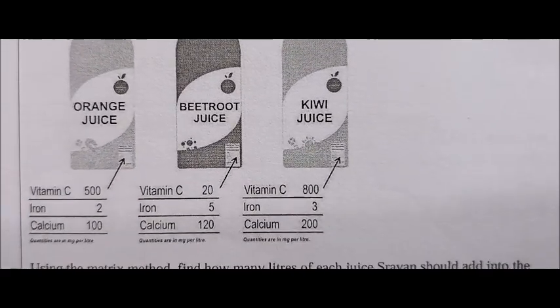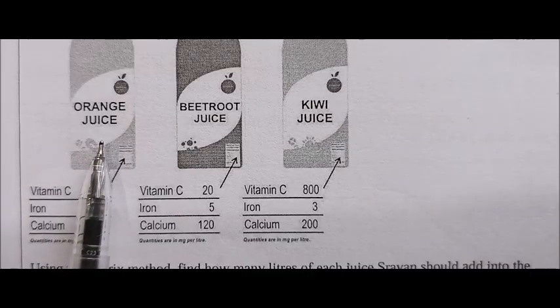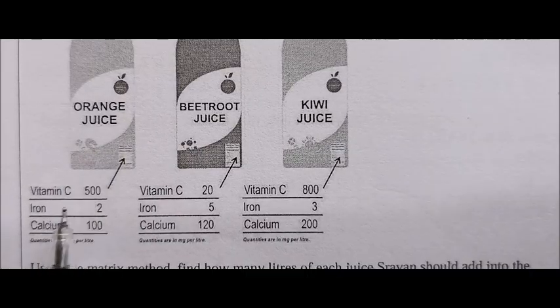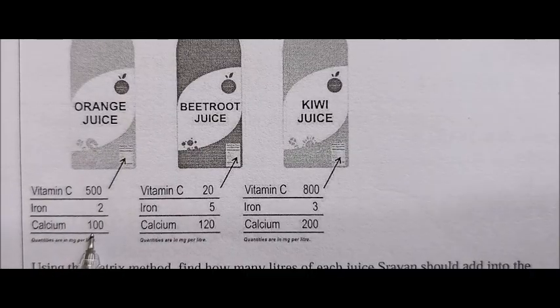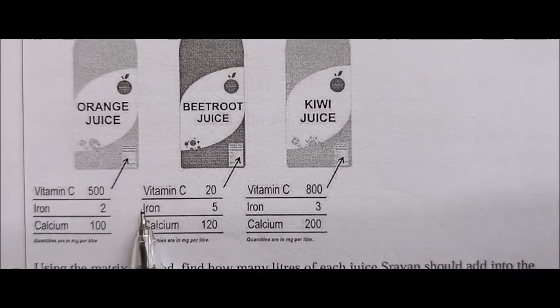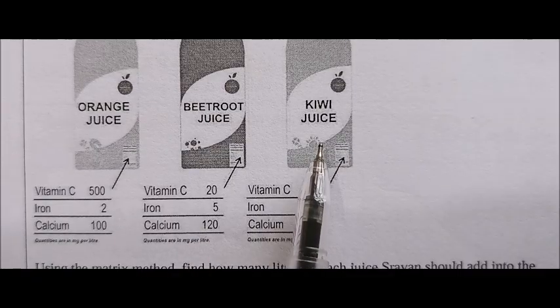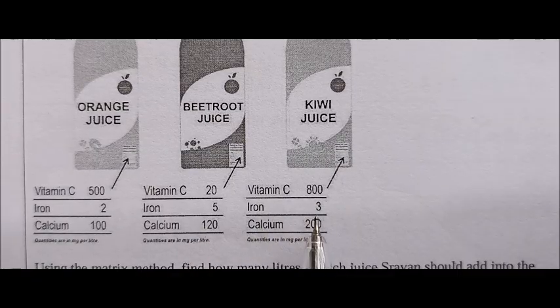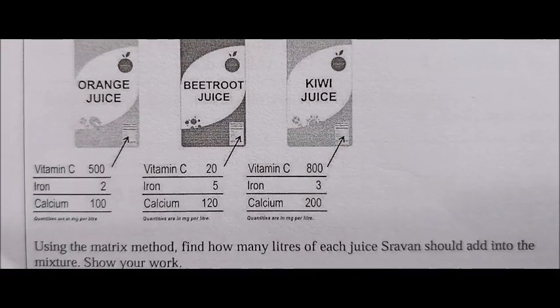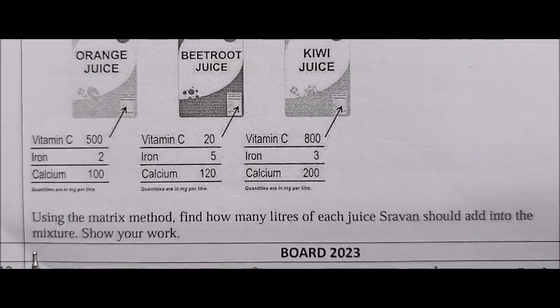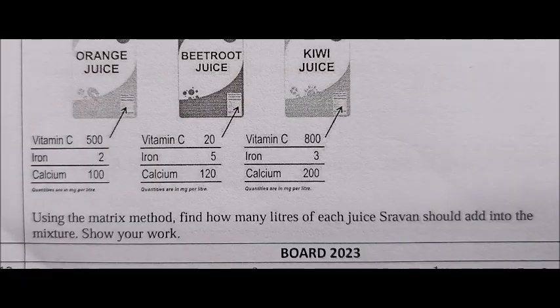Here in this diagram you can see in orange juice vitamin C is 500, iron 2 and calcium 100. Vitamin C in beetroot juice is 20, iron 5, calcium 120, and in kiwi juice vitamin C is 800, iron 6 and calcium 200. So, question is, using the matrix method, find how many liters of each juice Shravana should add into the mixture. Show your work.